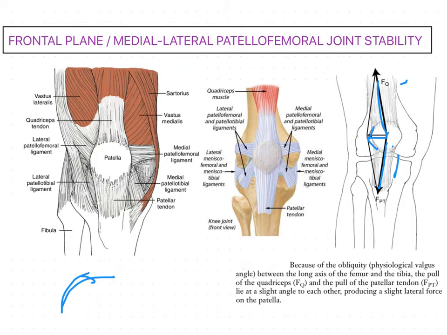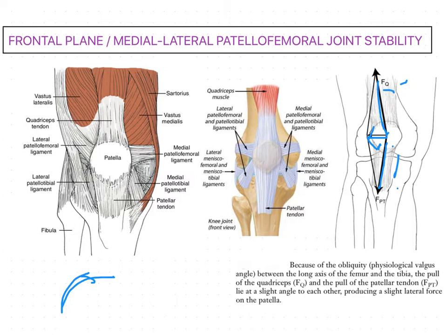During extension, the resultant pull of quadriceps and patellar tendon causes the lateral pull of the patella. And during flexion, the compressive forces increase against the femoral condyles, which may cause some pain. To reduce these two problems, the soft tissue structures play a very important role in maintaining frontal plane, or medial to lateral, patellofemoral joint stability.